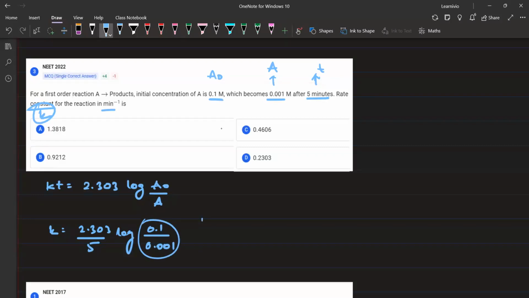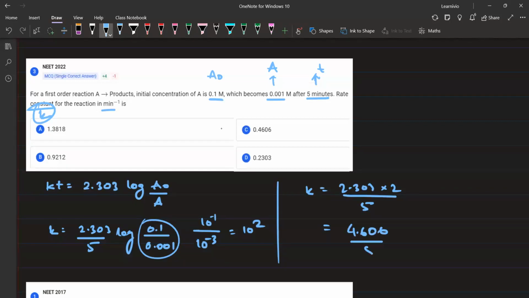For the fractions, I get 10 to the power minus 1 divided by 10 to the power minus 3, which equals 10 to the power 2. So K is equal to 2.303 log 100, which is 2, divided by 5. So this equals 4.606 divided by 5.